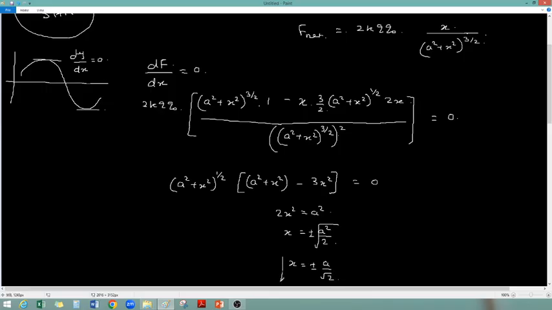So that's your answer. At the location x is equal to a by root 2, you will get the maximum force. If I want F maximum, I can simply substitute this in this expression and I will get the answer. So maybe we can do that also.